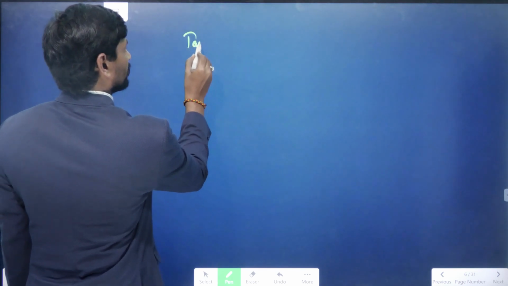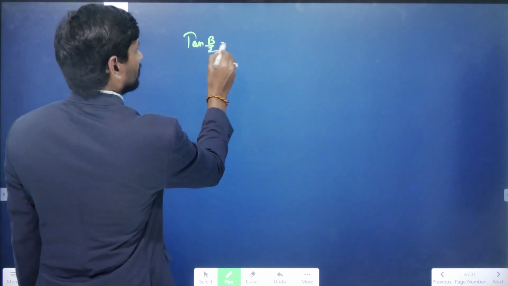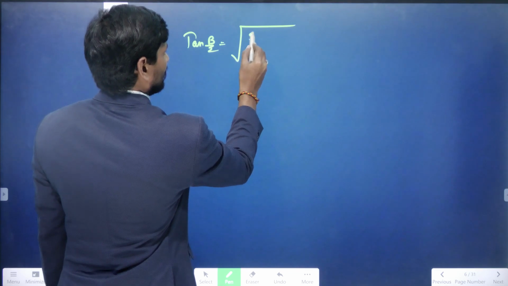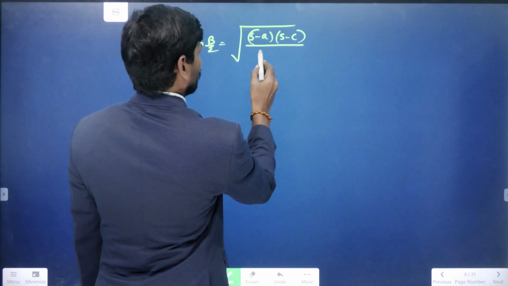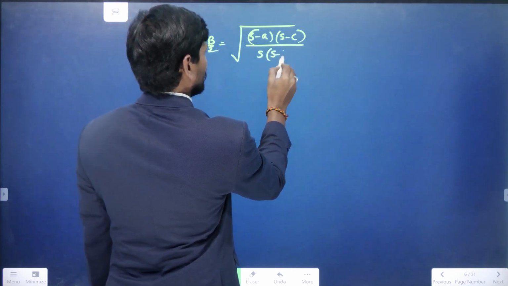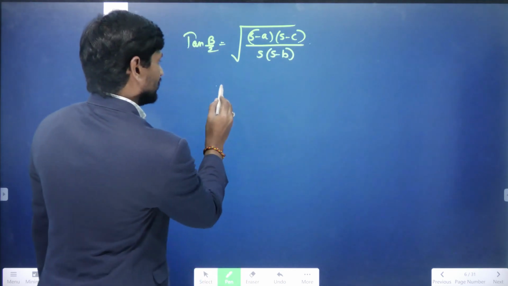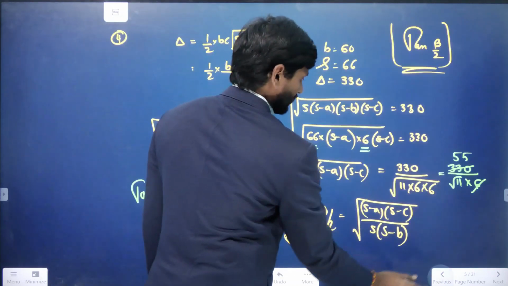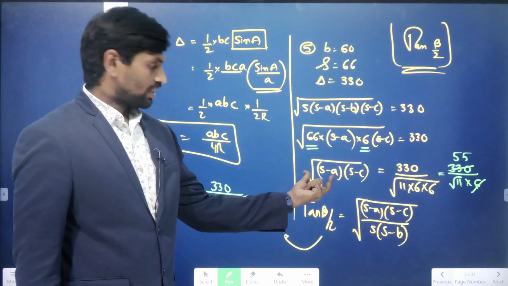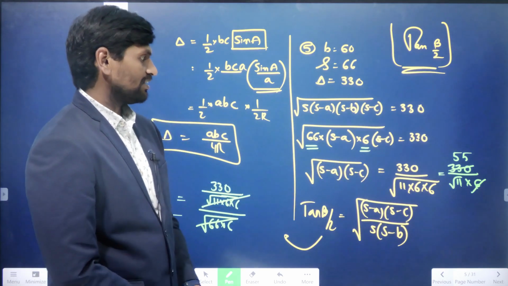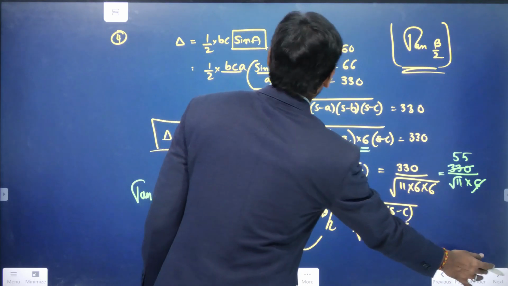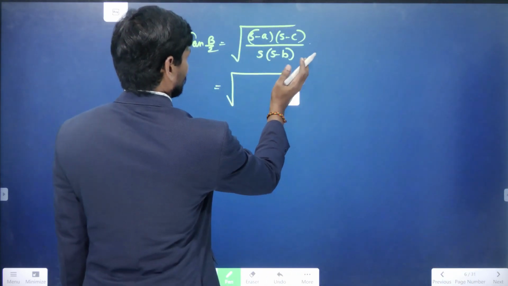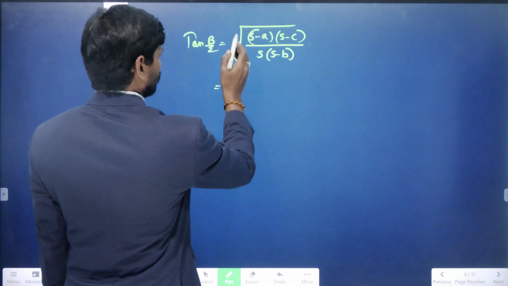Okay, now try to substitute. Tan B by 2 value is root over S minus A into S minus C by S into S minus B. Okay? That is equal to root over S into root over S minus A into S minus B value, 55 by root 11. So here I can write without the root value, we know that.